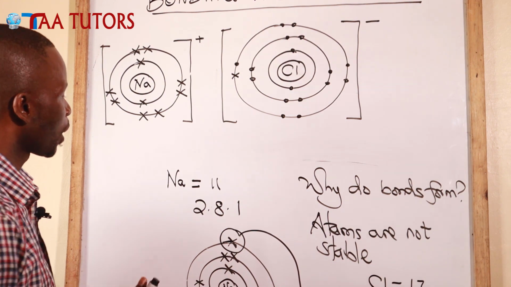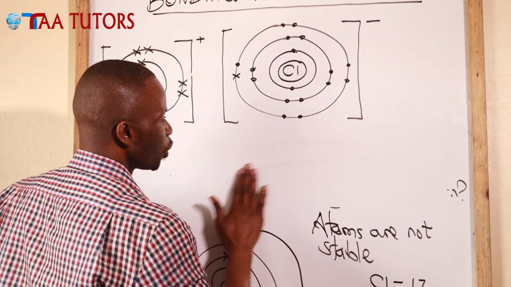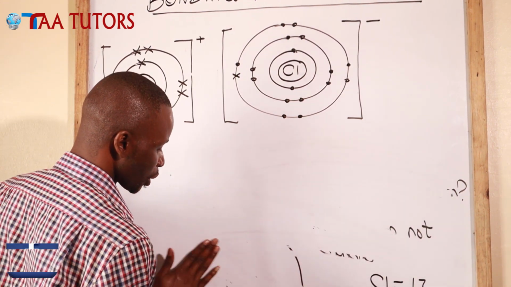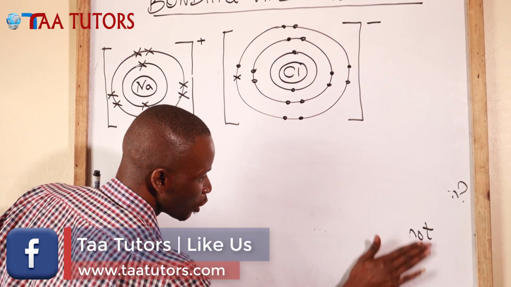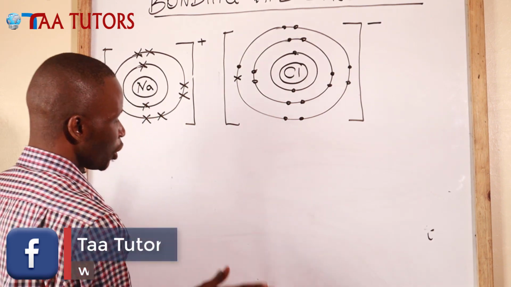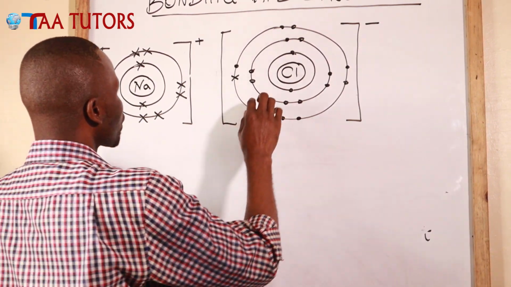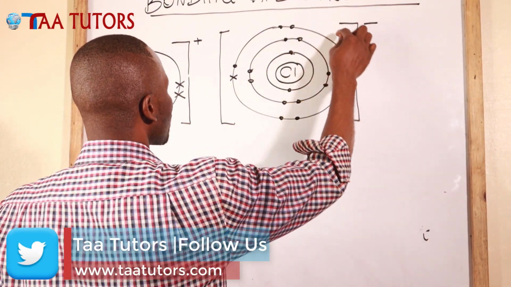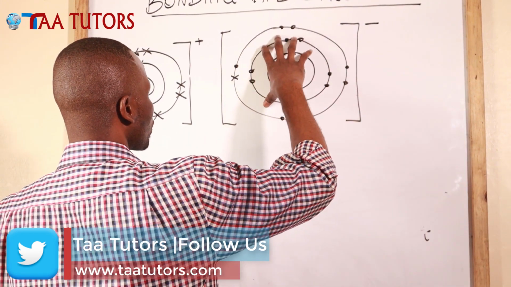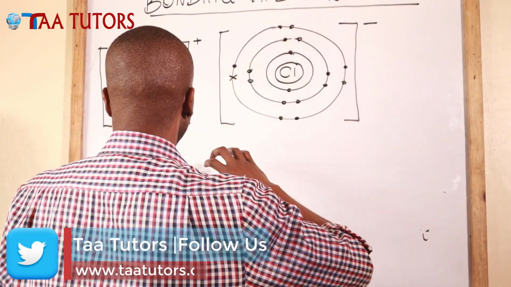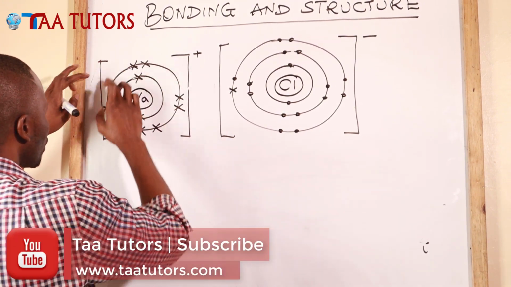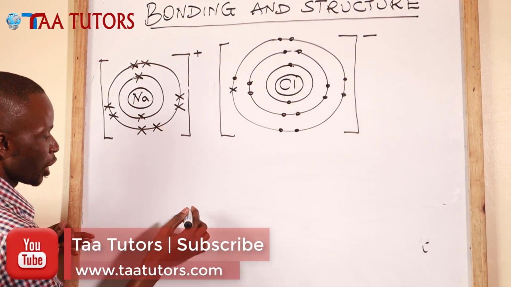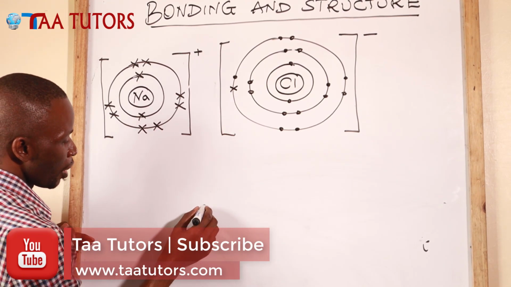Now, in a much simpler way, we can draw this structure or this bond without actually including all the electron configuration or energy shells, because we realize that in this case, the outer energy shell is the most important one. These other ones are not actually involved in the bonding. In this case also, this energy shell here is not involved in the bonding. So we are only going to include the outer energy shells when we are doing the bonds.